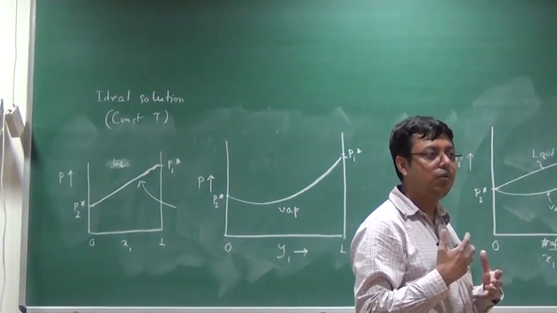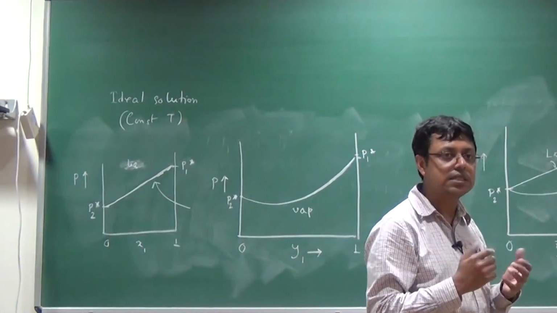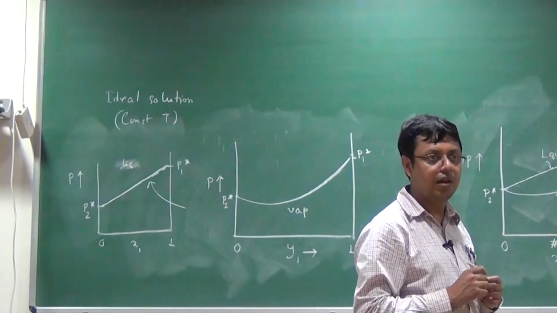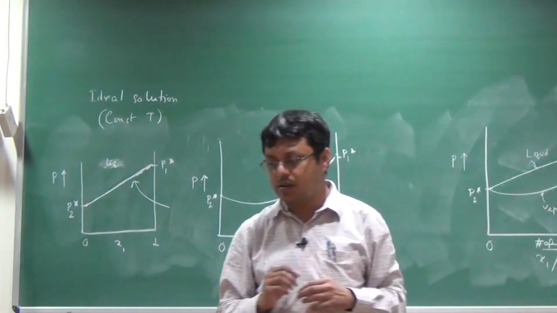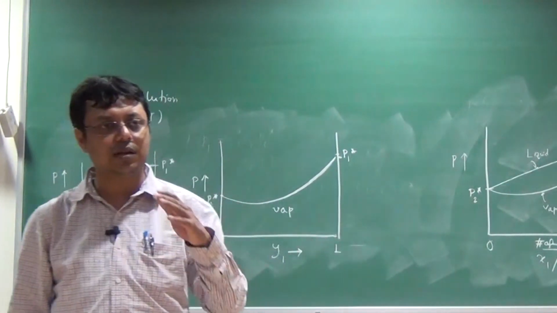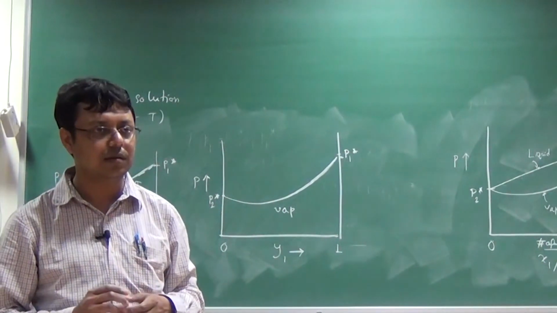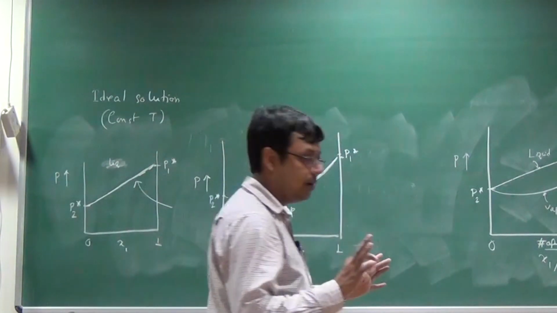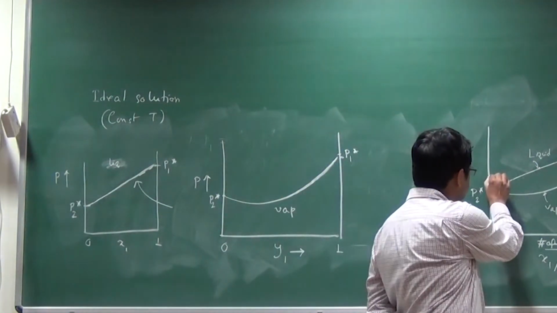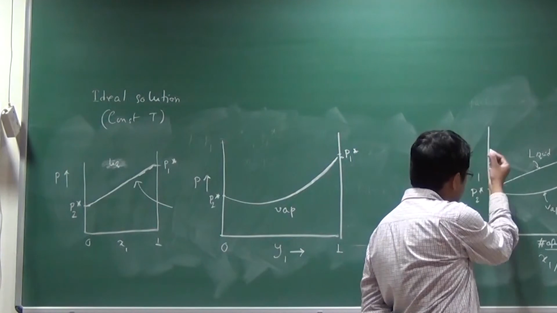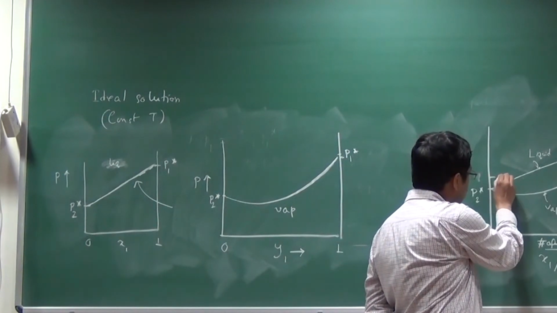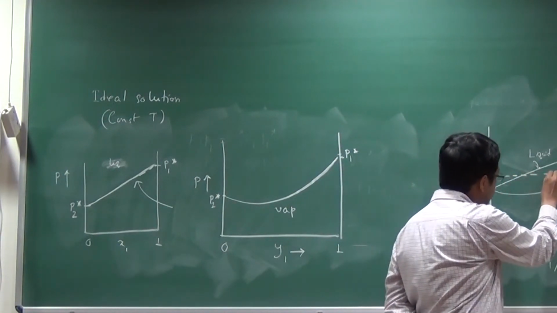Which means this region is telling me when the liquid and the vapor coexist. When they coexist, there is a phase transition happening for a particular temperature. Suppose this is the total pressure, some pressure, whatever. If I take a horizontal line, then the pressure is fixed.